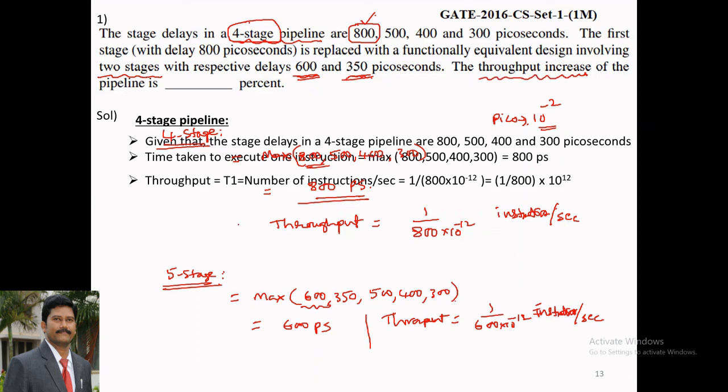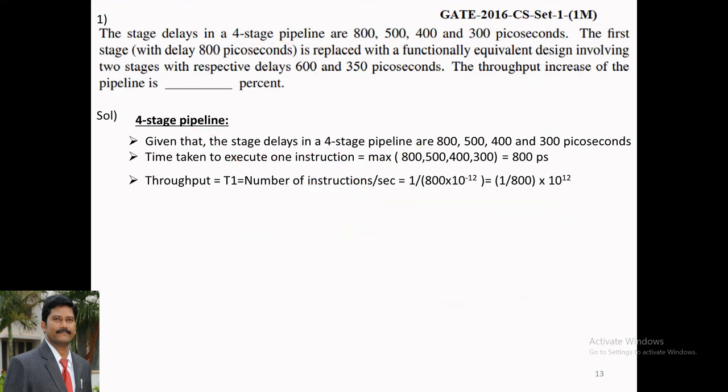Now let us assume the throughput here is T1, and here the throughput is T2. Now how can we tell the percentage increase? For the 4-stage pipeline, the maximum is 800. That means throughput T1 equals 1 by 800 into 10 power minus 12, that means 1 by 800 into 10 power 12 instructions per second.